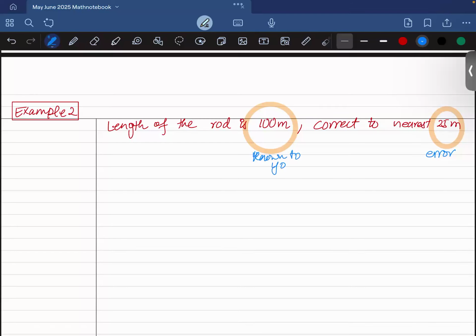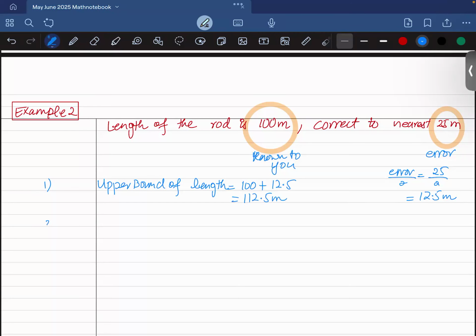Now what we do? We divide the error by 2. So 25 divided by 2 would be 12.5 meters. So the upper bound of length would be 100 plus 12.5, which would be 112.5 meters.